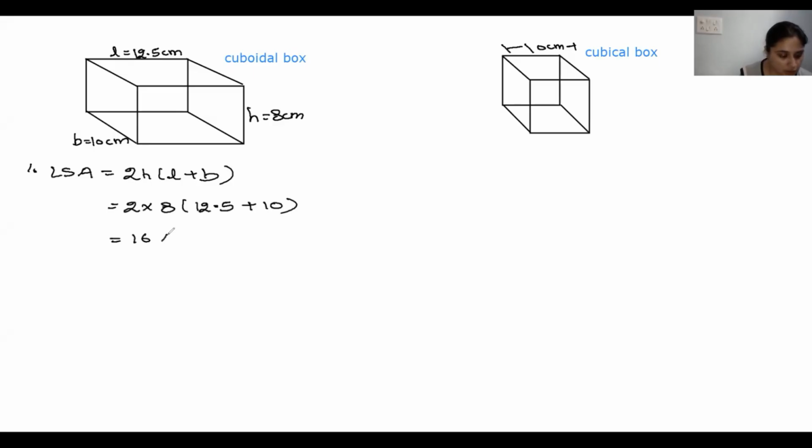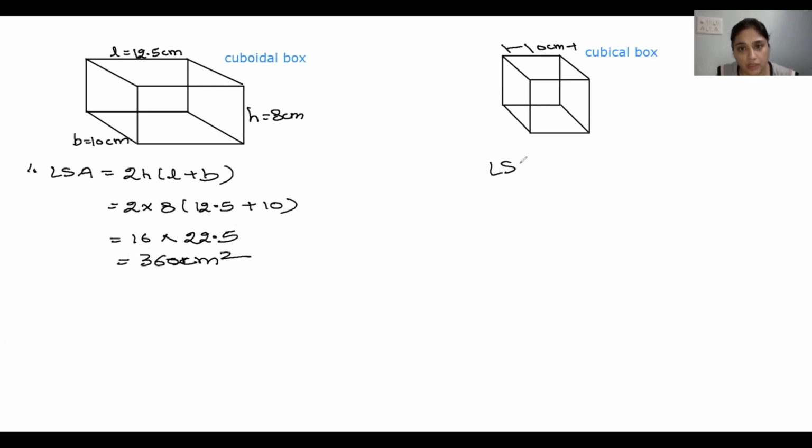So that is 16 times 22.5, and we are going to multiply them together. We will get 360 centimeter square. ठीक है, ये तो हमारा LSA इसका हो गया.